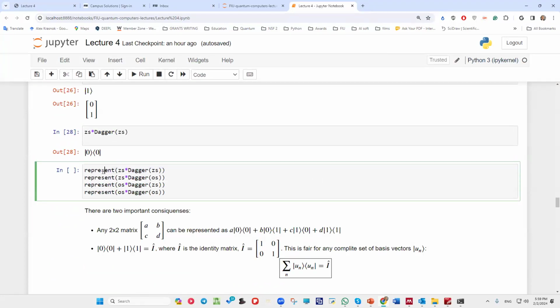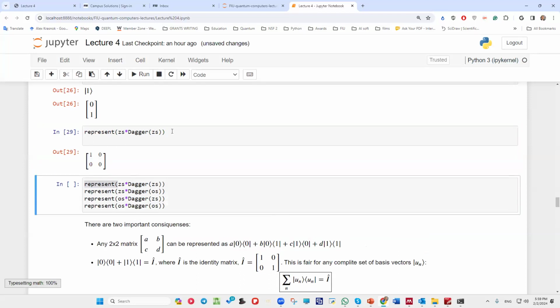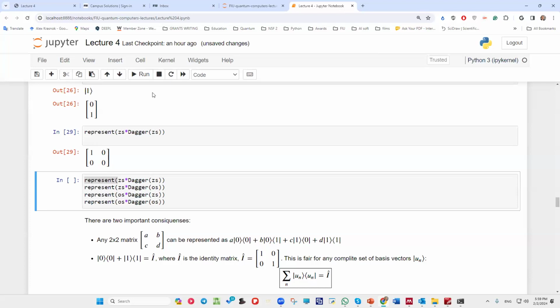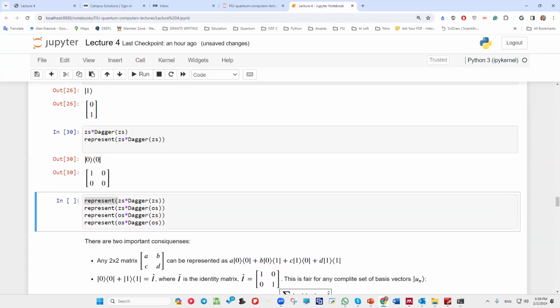And what's the result of this? I can find this result by using this representation to represent the result as a matrix. The product of the 0 state times the 0 state is the matrix 1, 0, 0, 0. So this is the matrix that corresponds to the operator.